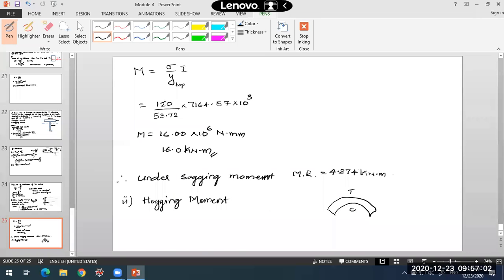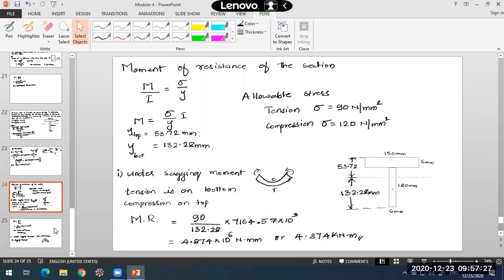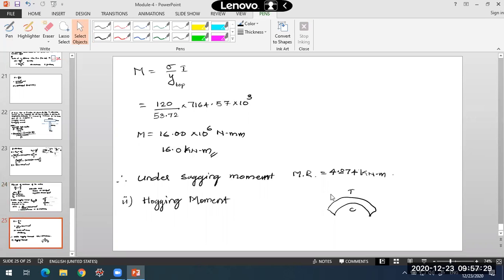Instead of 120, it will be 90 when y top is considered, because tension is on the top side. When you take the bottom extreme fiber, the sigma value will be 120. So the sigma values we used in the first case will just reverse. Try finding it for this case.